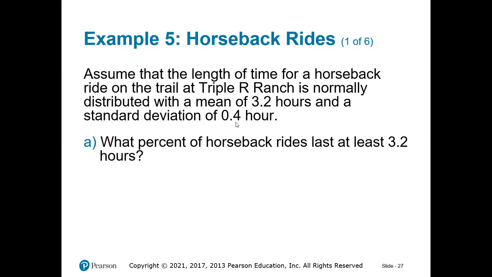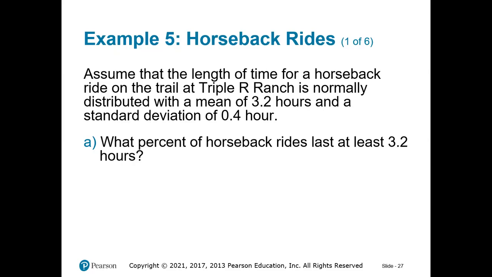Every time they give you a normal distribution, they will give you two pieces of information: the mean and the standard deviation. So here, somebody collected some data and came back to us and says, the times of horseback rides collected, we did the histogram, it looks like a normal distribution, with a mean of 3.2 hours and a standard deviation of 0.4 hours.